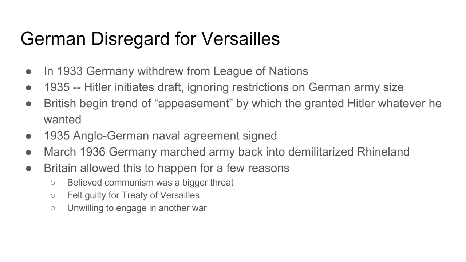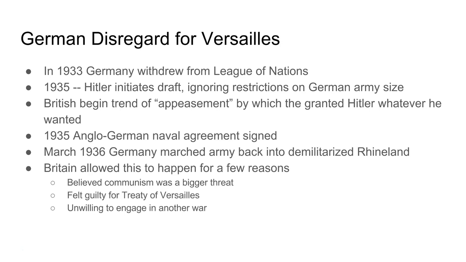There's a blind eye turned towards Hitler and these motives by the Western powers, and that is the term that we call appeasement. And we typically assign that to the British. The British follow this path of appeasement, where they grant Hitler whatever he wants. And one way they show this is in 1935, when an Anglo-German naval agreement is signed.